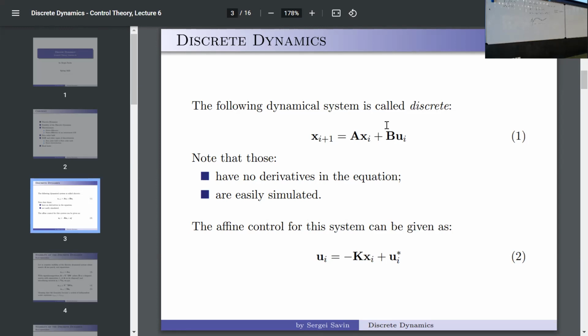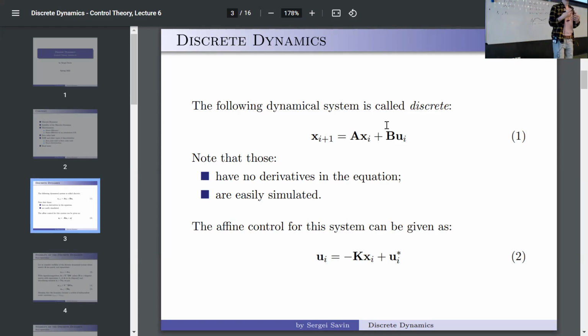What is x sub i? It is the state of the system at the moment t sub i, and i is 1, 2, 3, 4, 5, 6, 7. u sub i is the control applied at the moment t sub i.